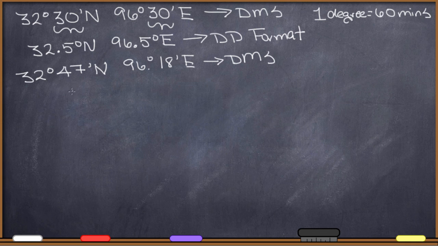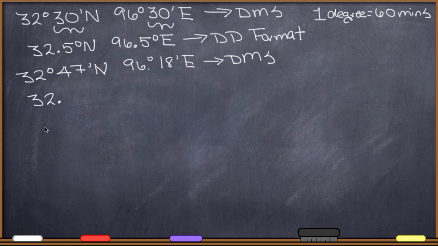Well, basically the procedure is that the degrees remain my whole number, so I'm going to say 32, but what's after the point? Well, I'm going to take 47 here and divide it by 60, because I want to know what percentage it is out of 60.